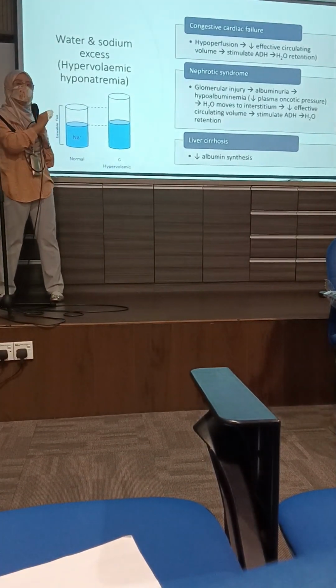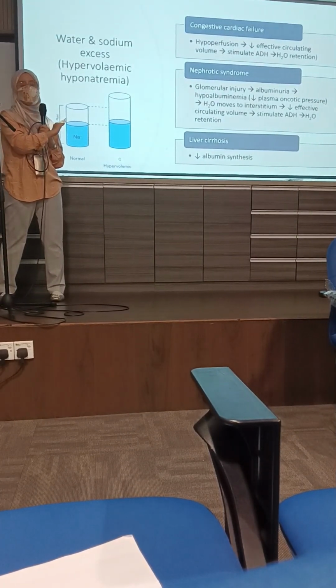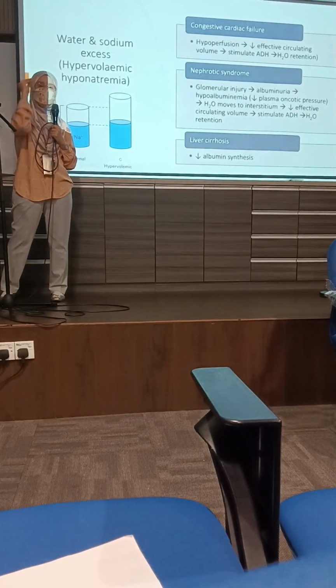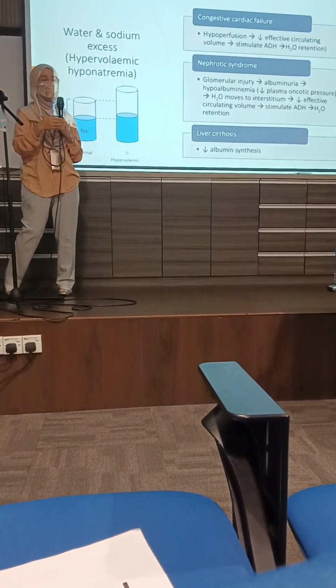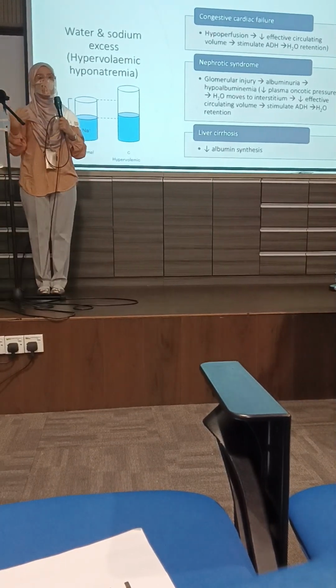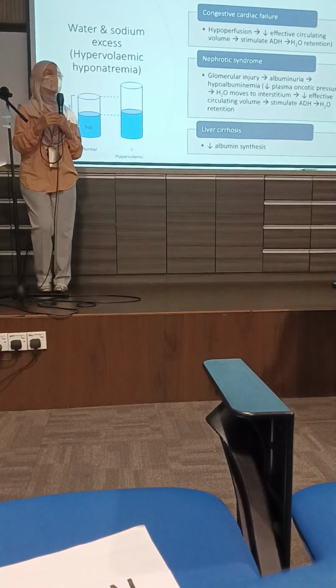So ultimately this akan menyebabkan reduce in effective circulating volume, which will also stimulate your ADH release. So water akan di reabsorb. Okay, but the volume tu akan bertambah lah. Water tadi keluar ke space and you reabsorb more water.